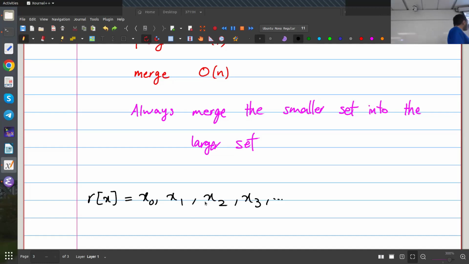So every time my representative changes, the size of my set doubles, which means that as one item, I can change my representative at most log n times, because the size of my set can be at most all n elements.